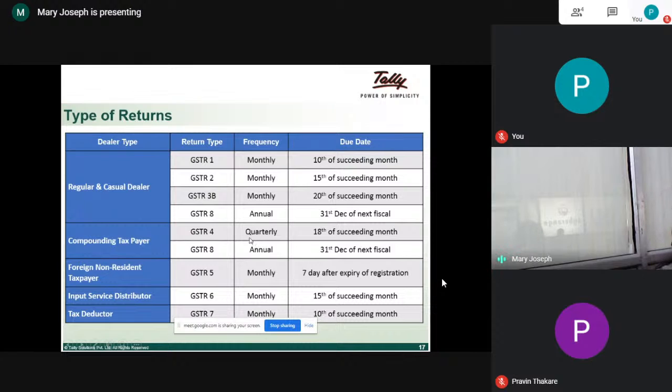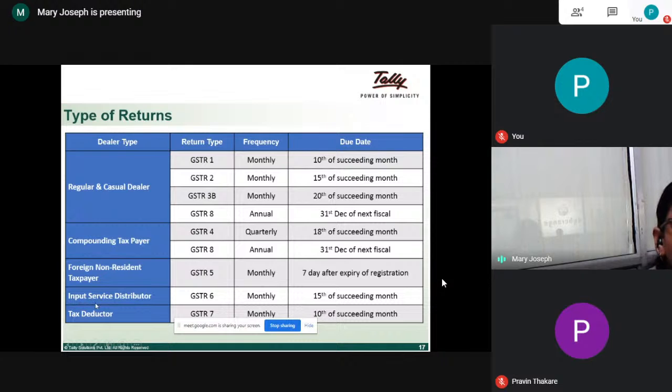He has to pay quarterly, 18th of the succeeding month, and for annual he has to file the return GSTR8 for the annual returns. Non-resident taxpayer has to pay GSTR5 monthly, 7th day after expiry of registration.